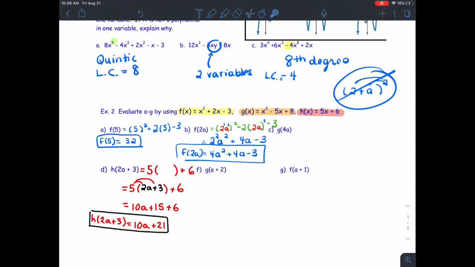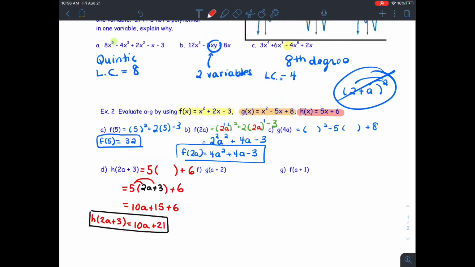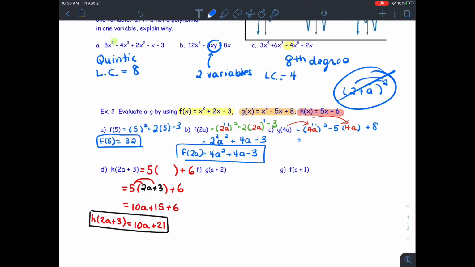We're going to use g of 4a. So now we're going to come up and use equation g. I like to write out the equation first and just put an empty set of parentheses where all the x's are, and then come back and substitute a 4a in for all of those x's. Similar situation here. I'm going to distribute the exponent there.